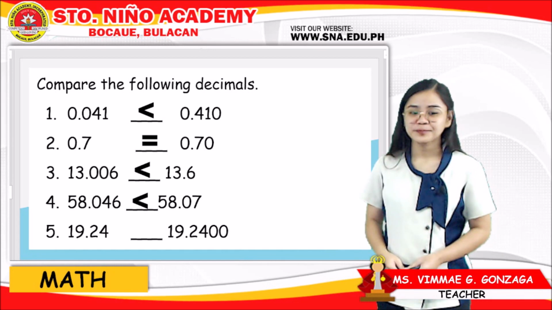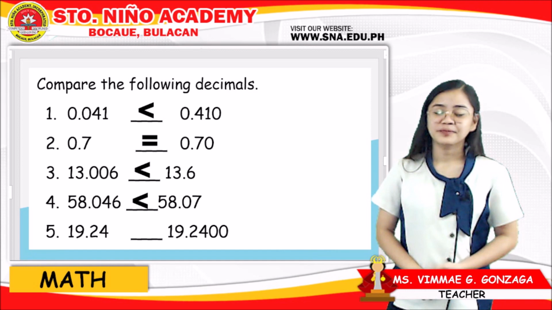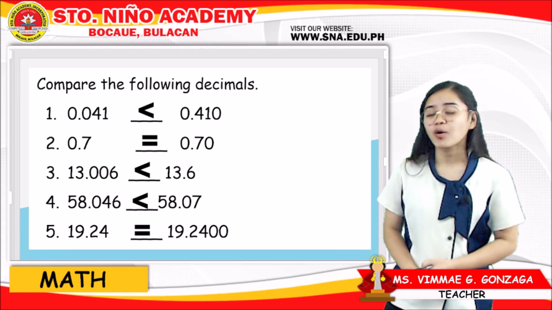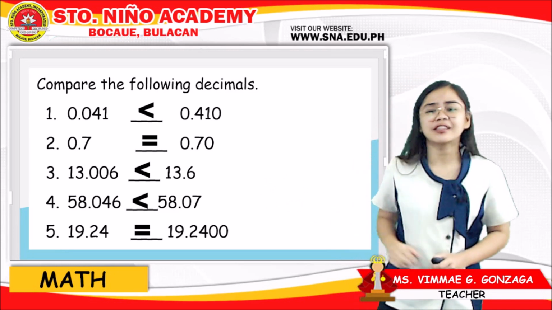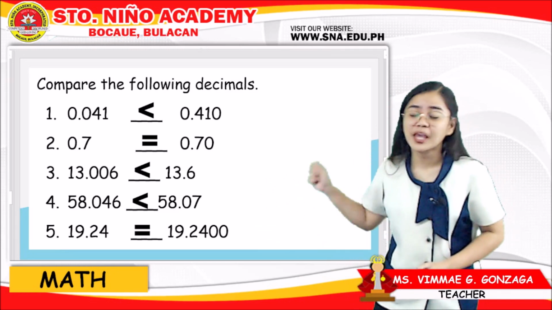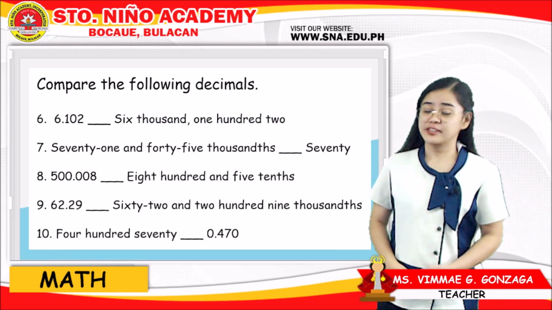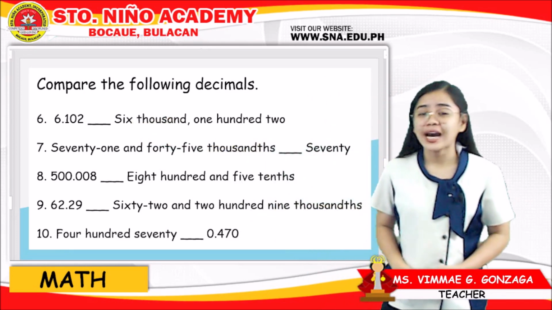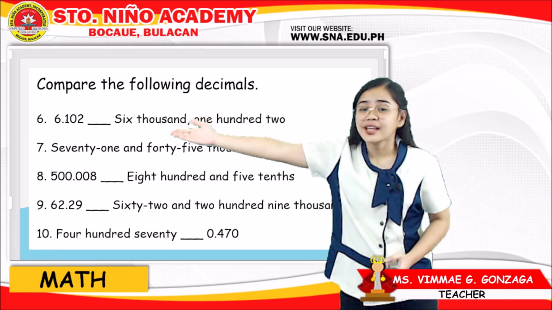Next, greater than, less than, or equal? Okay, that is equal. So, same lang din po si item number 2 at si 5. Kahit magdagdag pa ng napakaraming zero dito, same pa rin po sila ng value. Next is number 6. We have here 6 and 102 thousandths. 6,102.